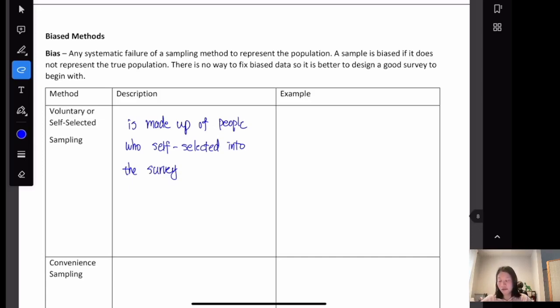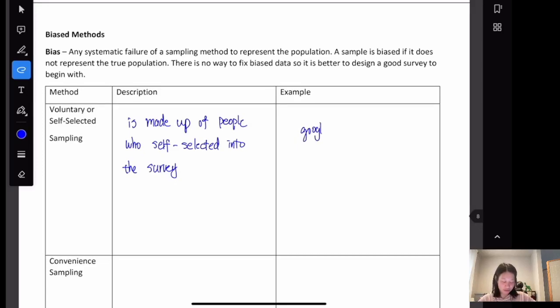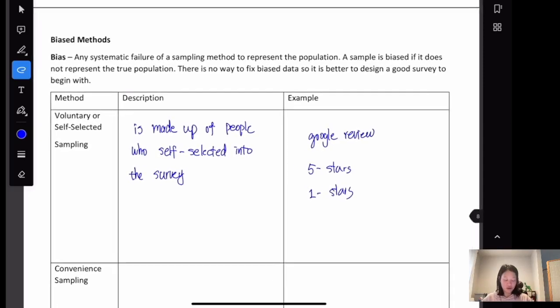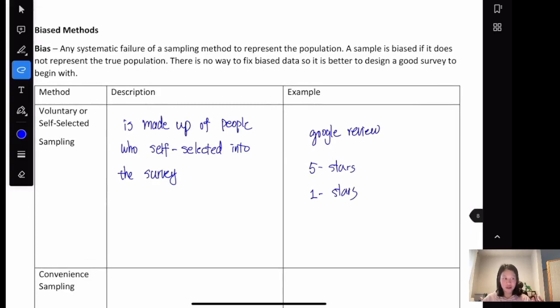Often these folks have a very strong opinion on the topic of the survey, such as on Google reviews, where for a restaurant you might only see either 5 stars because people are very excited about the food, or 1 star because they received bad service, or the food was spoiled. So these are called self-selected. We rarely see 4 stars and 3 stars. Most of the time it's just 5 stars and 1 star.